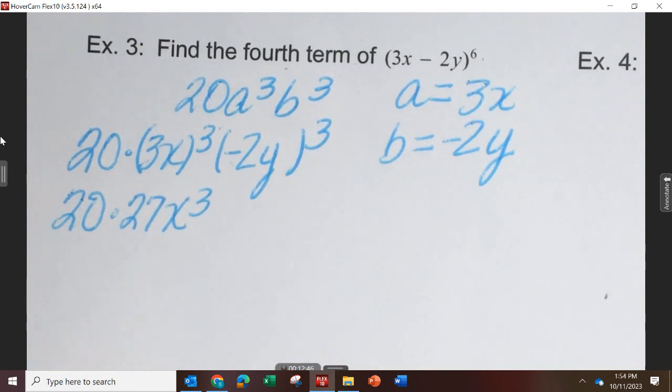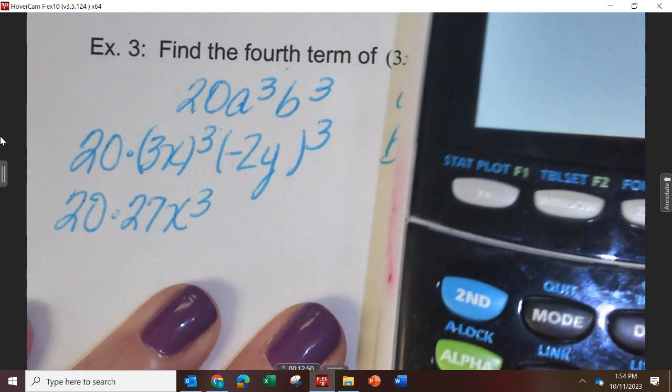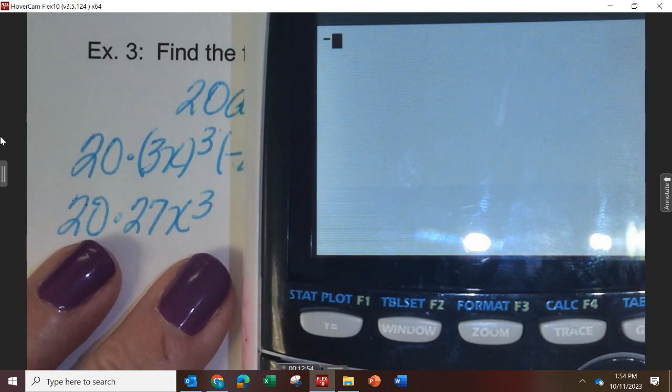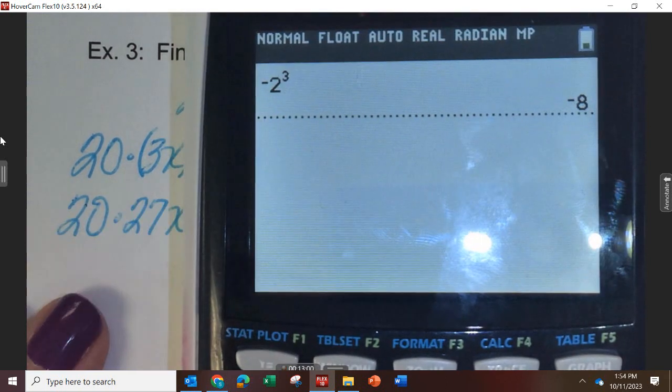But I want to show you something that I see people mess up on the calculator. They'll go to their calculator and they're going to do negative 2 cubed. We happen to get the right answer when we do this on the calculator, but that's not really how you should plug it in. Do you know what you should really use if you're going to do negative 2 raised to a power?